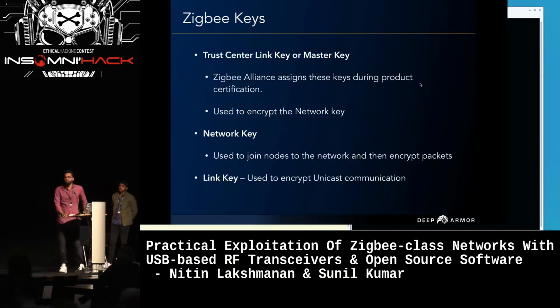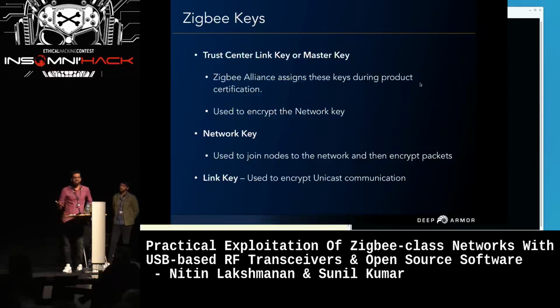Zigbee comes with a few security measures because the communication between the devices should be encrypted. There are mainly three keys involved in the Zigbee protocol. The first one is the network key, where the communication happens with this key, because whenever the node sends messages to the gateway or the gateway sends messages to the node, it will be encrypted using the network key.